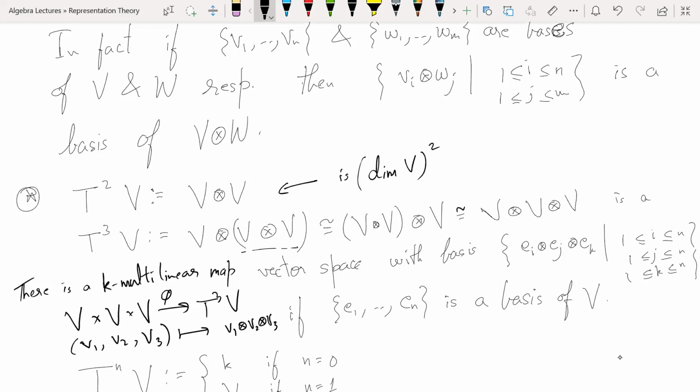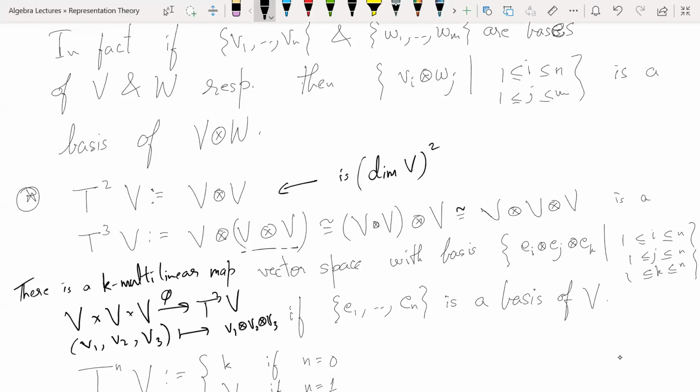You can check that the sum of two vectors doesn't go to the sum of their tensors; it goes to something else. So this is k-multilinear, not even a vector space map. And secondly, even so, the dimensions are also off.